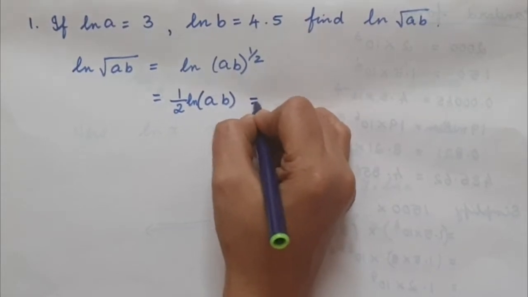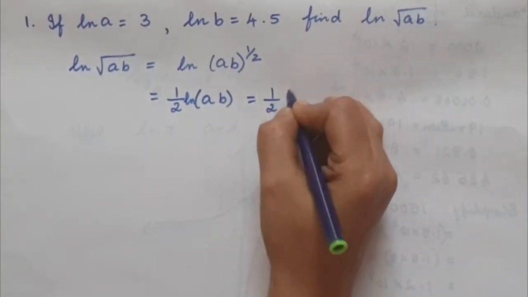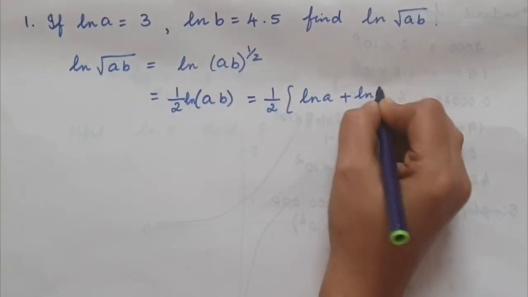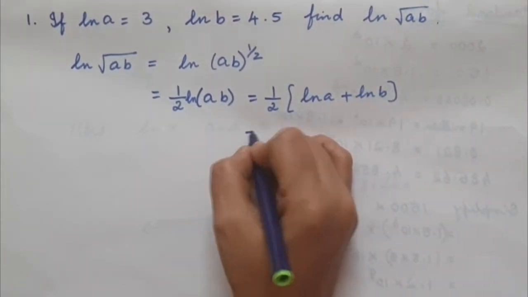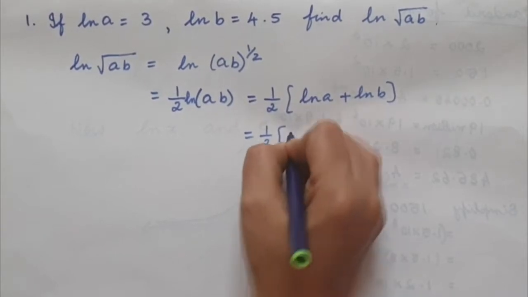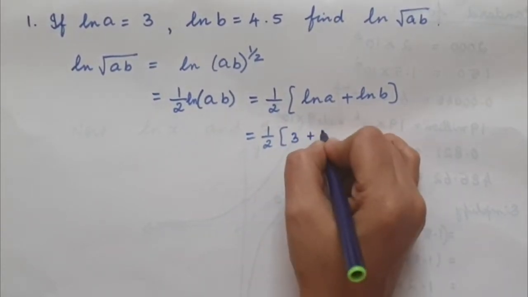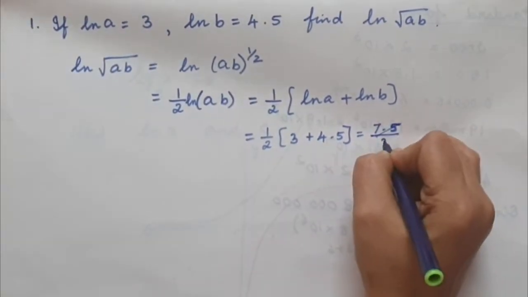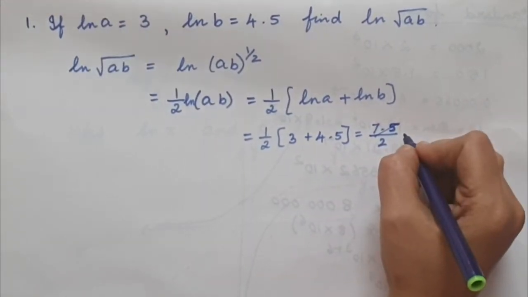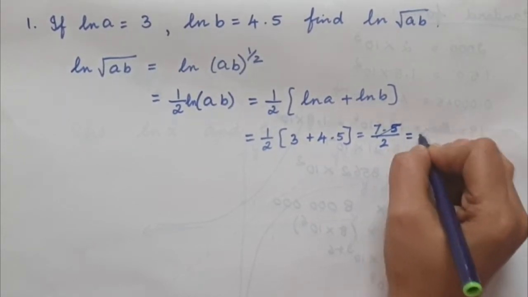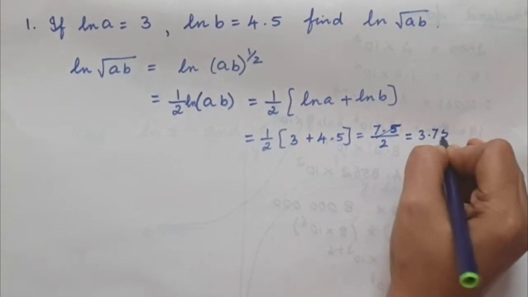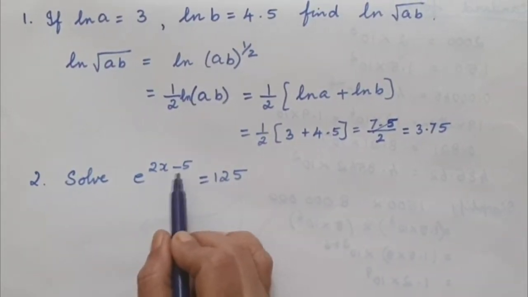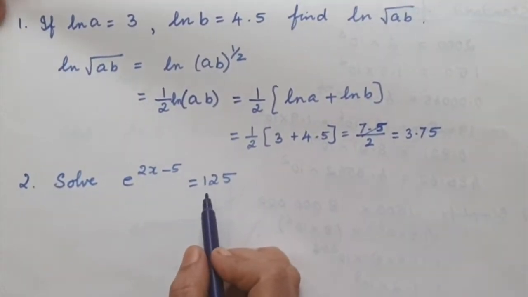When it is ln of ab in multiplication, we can write it as addition: half of ln a plus ln b. ln a is 3, ln b is 4.5. So it will be equal to 7.5 over 2, that will be equal to 3.75.